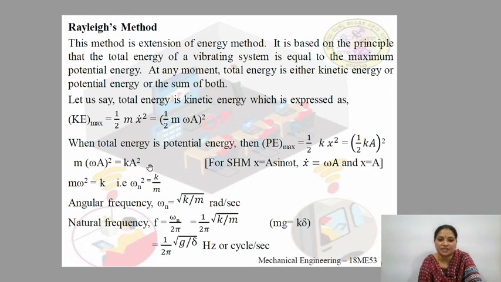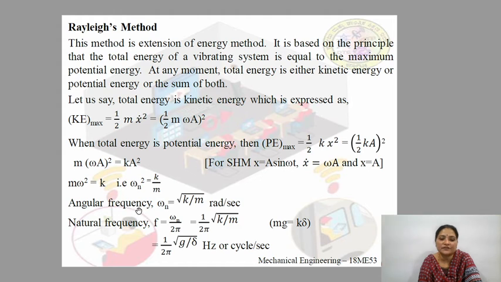After simplification, we get m omega square is equal to k, when similar terms on the left hand side and right hand side cancel each other. Here omega square is nothing but the angular frequency squared. So using this equation we can write omega n square is equal to k by m.